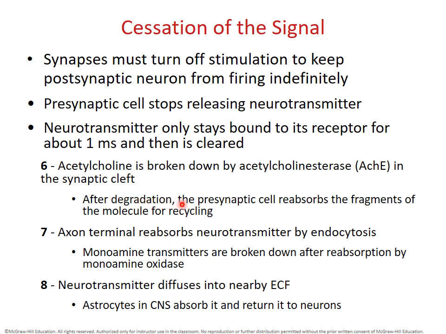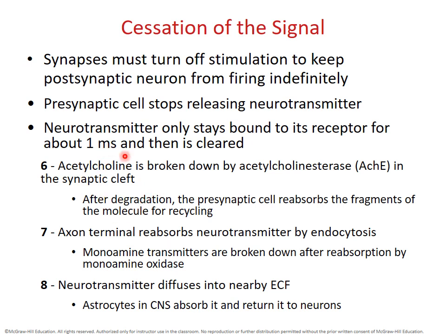After they're degraded, remember, the presynaptic cell will reabsorb the fragments, which are acetic acid and choline, and recycle them, and remanufacture acetylcholine. This is very typical for other neurotransmitters as well.